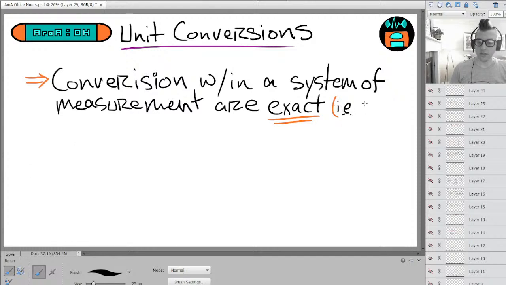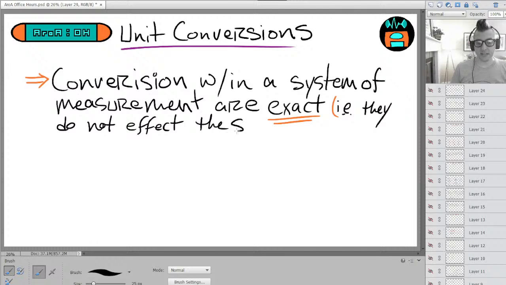In other words, they do not affect the sig figs of a calculation.